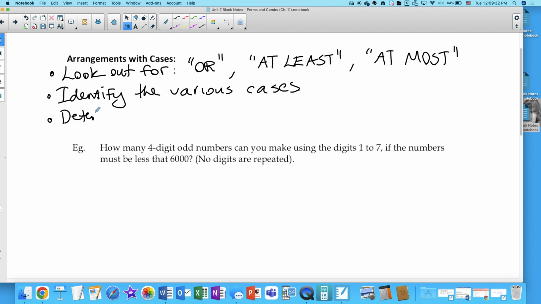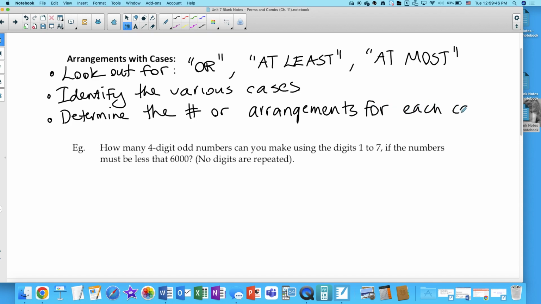Determine the number of arrangements for each case. And then add all cases together.